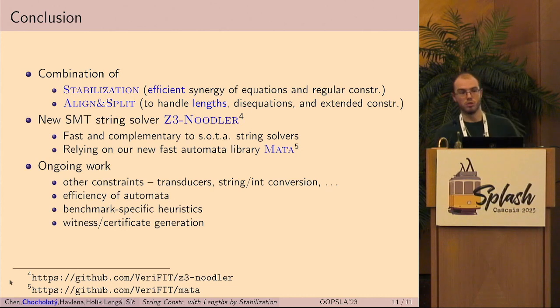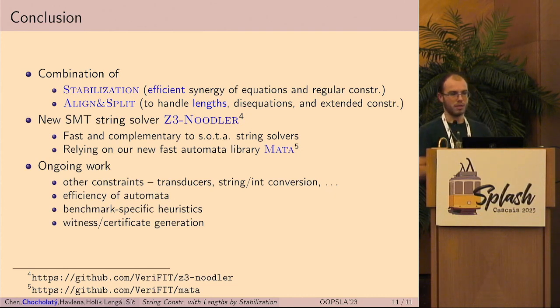So to conclude the presentation, I've talked about our approach, which combines 2 algorithms. One of stabilization to easily and quickly solve string constraints with equations which are tightly integrated together, and a align and split approach, which solves equations with lengths.